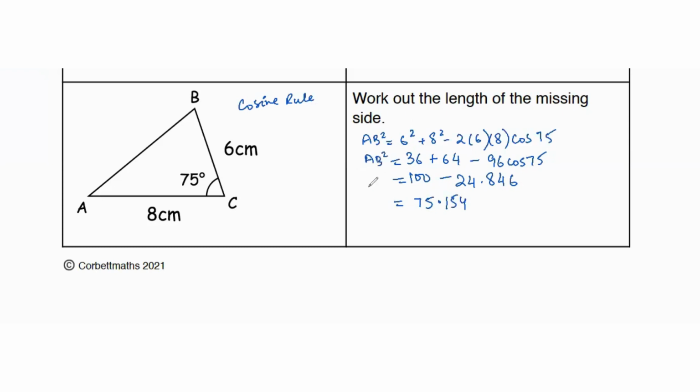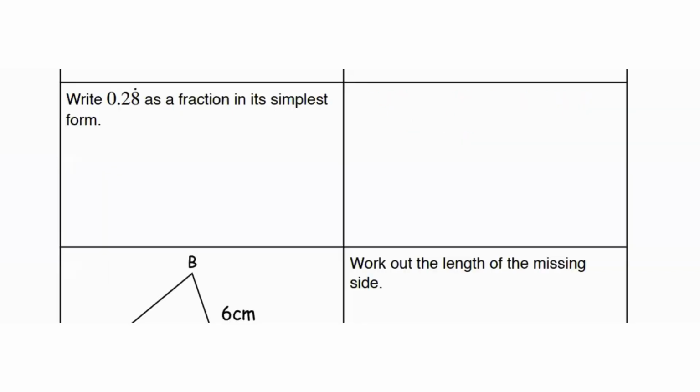Now, since this is your value of AB squared, to find the value of AB, we will square root this. And that's 8.7 centimeters.